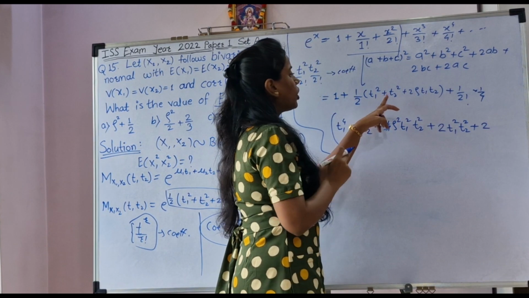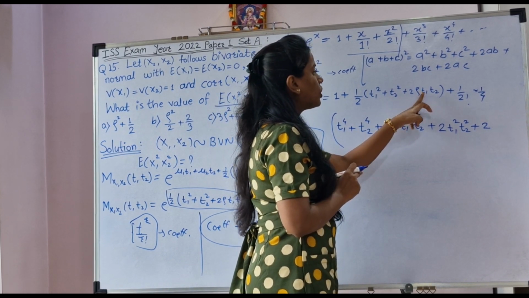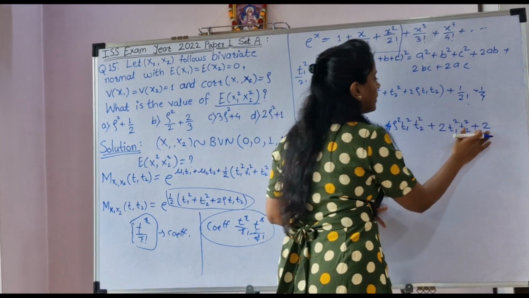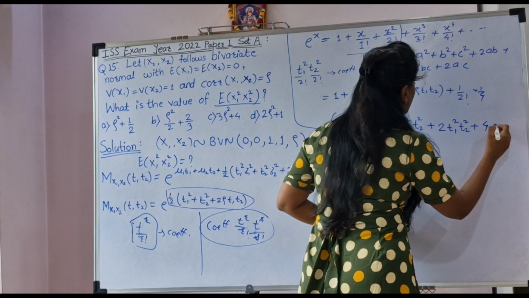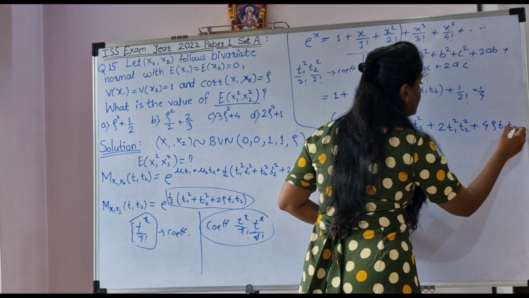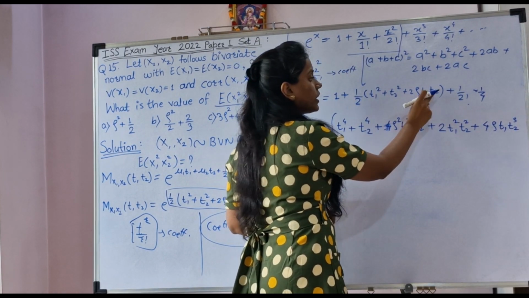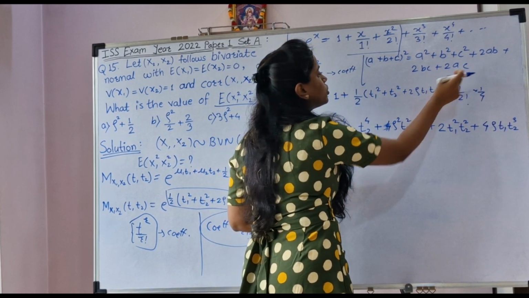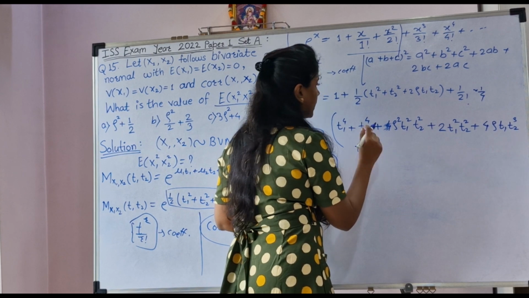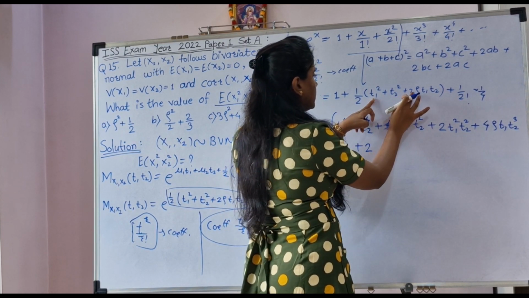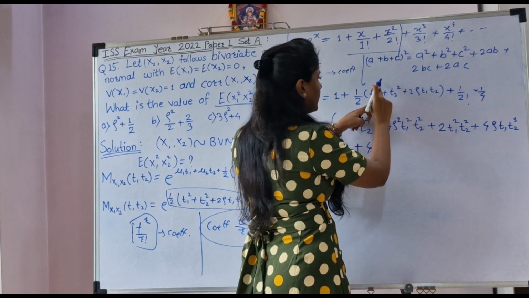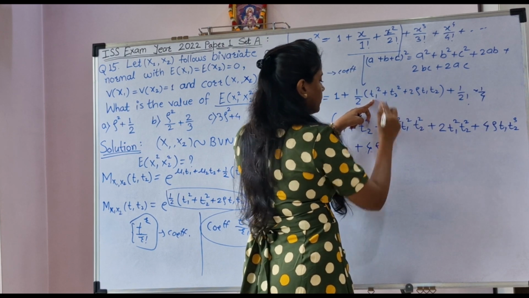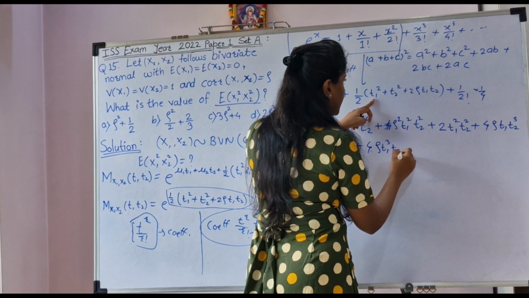B into c will be t2 square into 2 rho t1 t2, so this 2 will multiply and we get 4 rho t1 t2 cube. And the last term is 2 times a into c, so 2 and 2 will be 4, and t1 square times rho t1 t2 gives rho t1 cube t2.